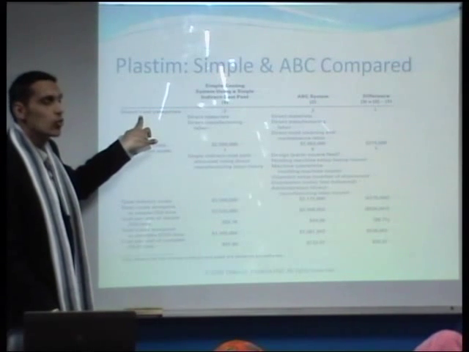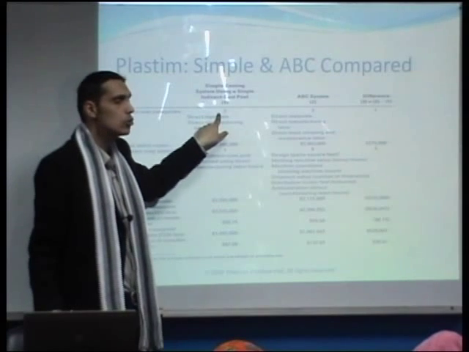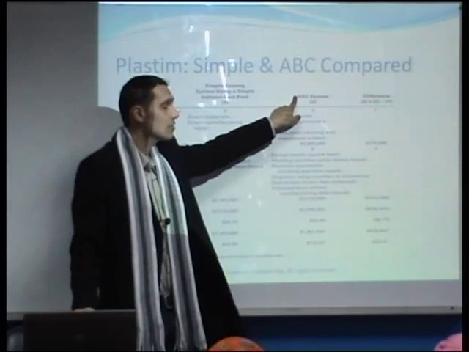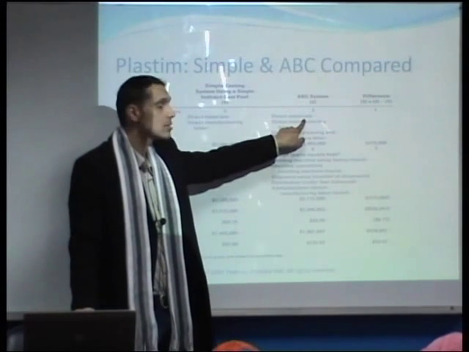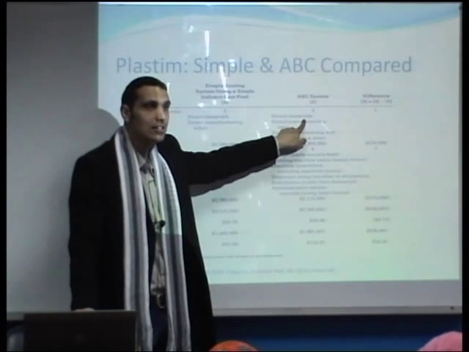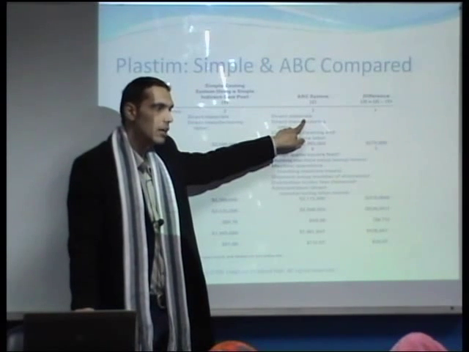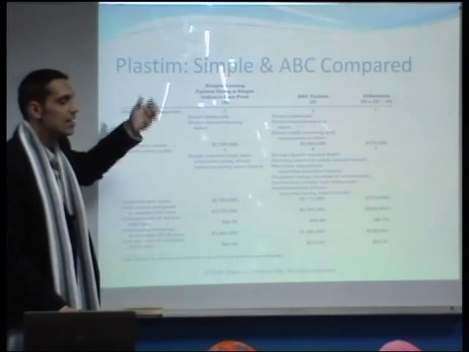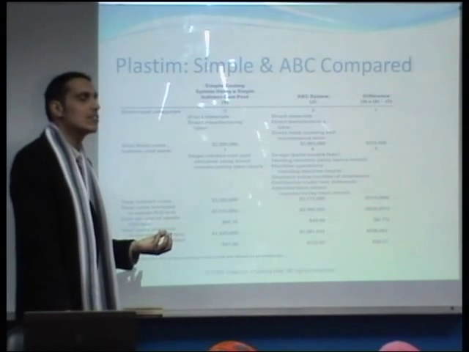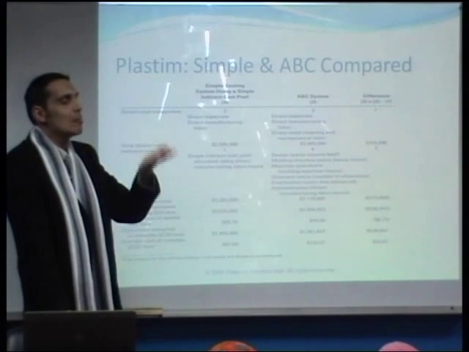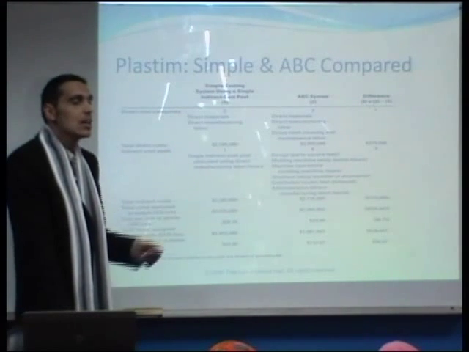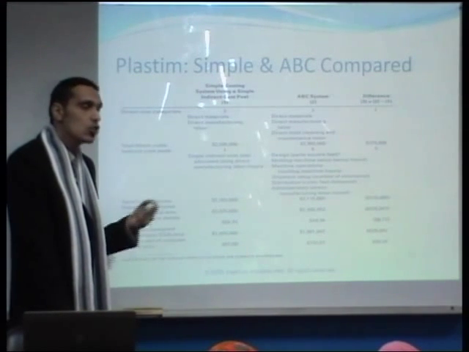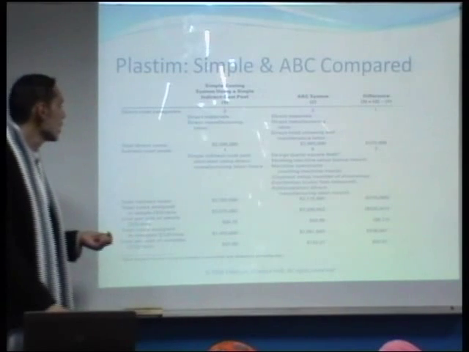Direct cost categories in the simple costing were only 2, while in the ABC they were refined into 3 direct costs. That means this decreased the amount of indirect costs and increased the amount of direct costs, which increased the accuracy of this costing system.